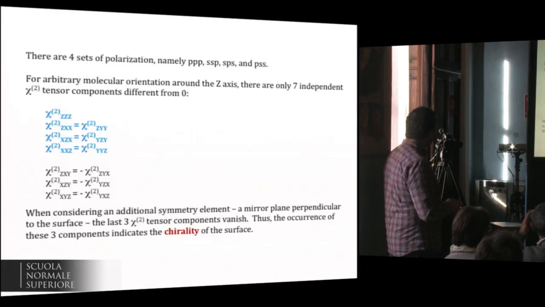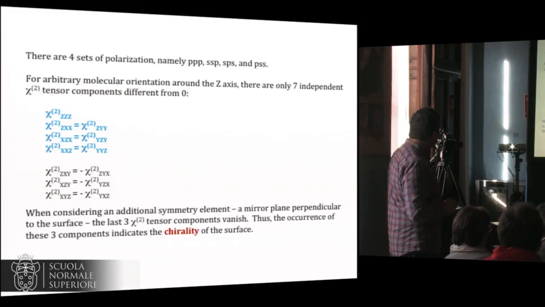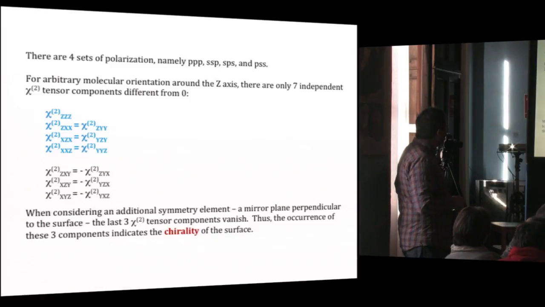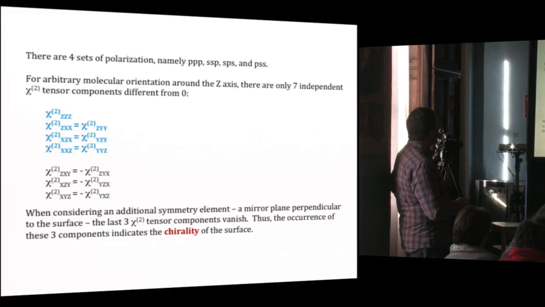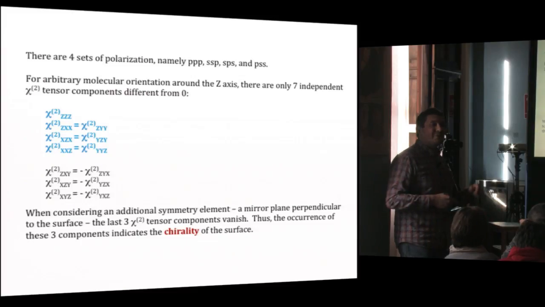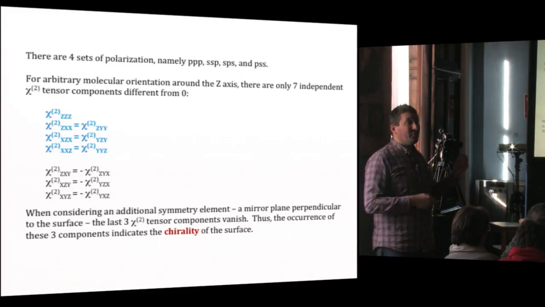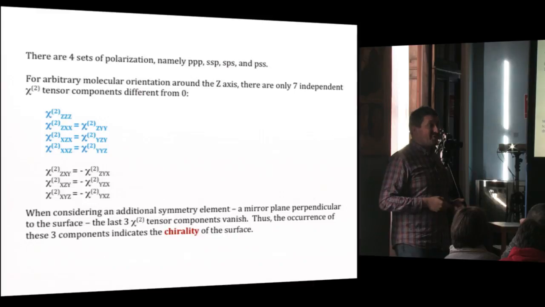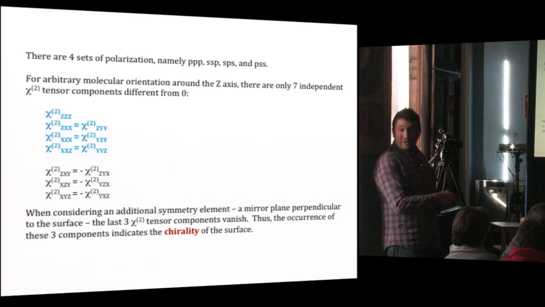And I'm going to discuss only these 4 quantities, and they are sufficient to provide the intensity of SFG for different kinds of polarization. So I call these PPP, SSP, SPS, and PSS. So it's important to tell you what's the meaning of this. Of course, P and S is for the polarization of the light, but there is an order in this.